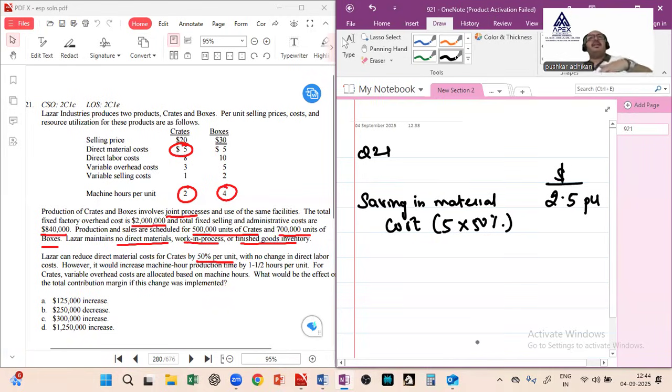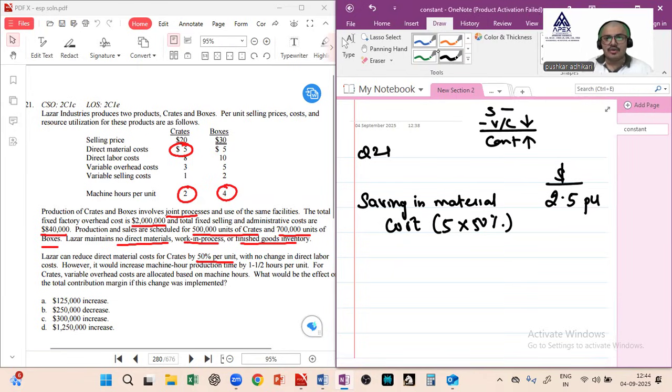A saving in material will lead to variable cost reducing. Please try to understand, sales minus variable cost is equal to contribution. So if variable cost is going down, contribution is obviously going to go up, because nothing is said about sales. I am considering it to be constant.